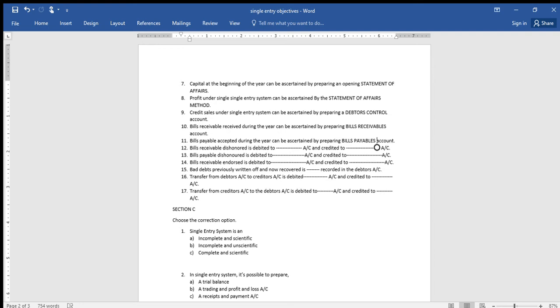After dishonoring a check, you debit the debtors account because you are still demanding them, and you credit the bills receivables.